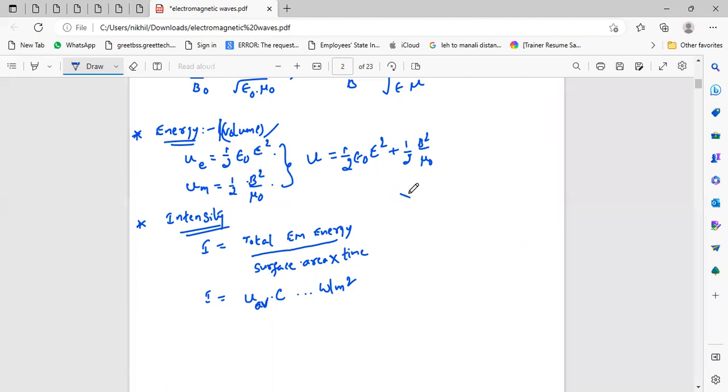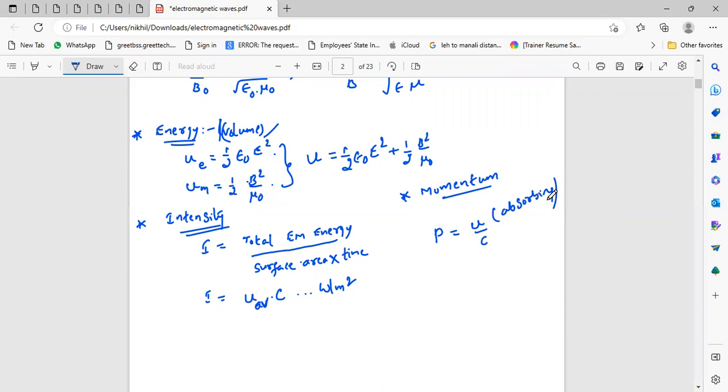Now, coming to the next important property, that is momentum. What is the momentum of the electromagnetic wave? The electromagnetic wave momentum is given by the formula U divided by C if it is an absorbing surface.